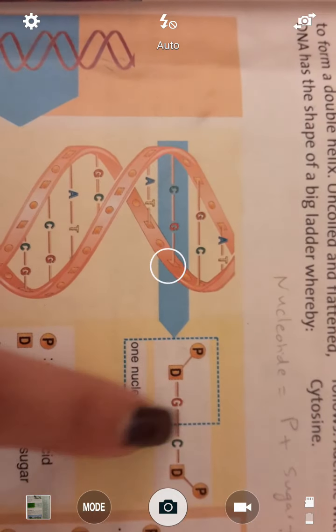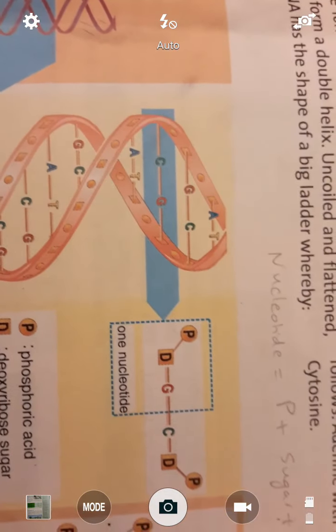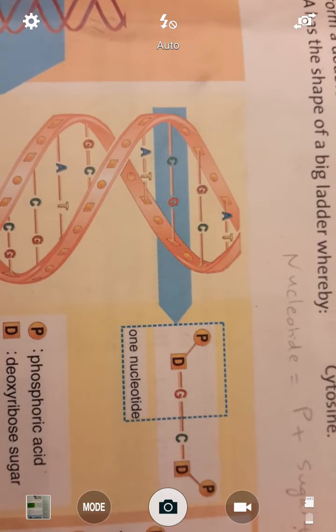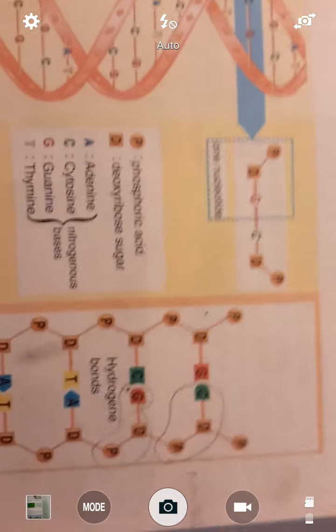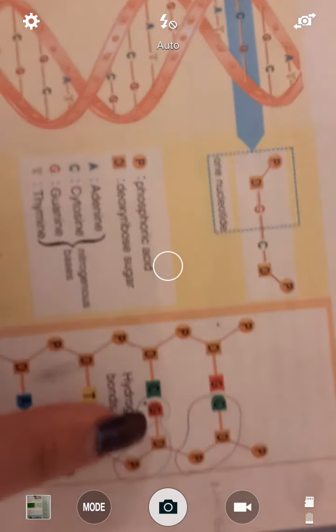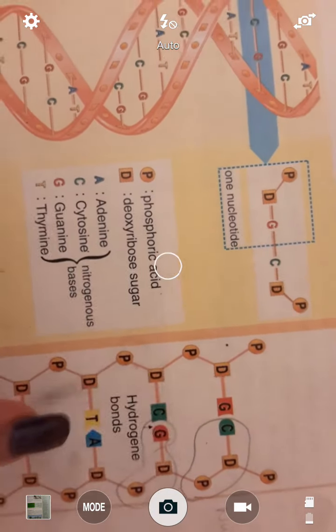So, the nitrogenous base with the deoxyribose and the phosphoric acid, these form one nucleotide, okay? So, this is C, nitrogenous base C, with the deoxyribose sugar and the phosphoric acid, they form one nucleotide. This is another example of a nucleotide, fine?